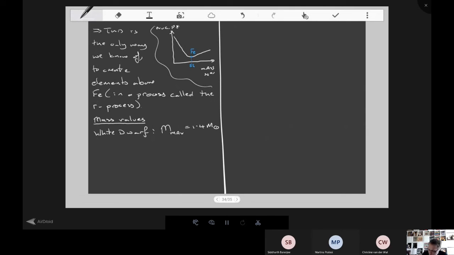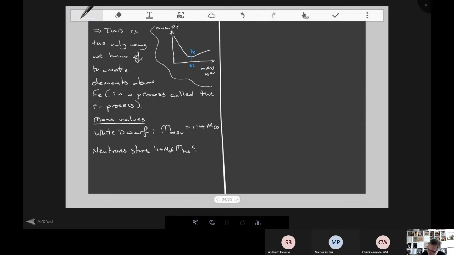Okay, now neutron stars. Neutron stars have a mass limit as well. So the mass of a neutron star, NS, is greater than 1.4 solar masses, of course, because if it was less, it would be a white dwarf.